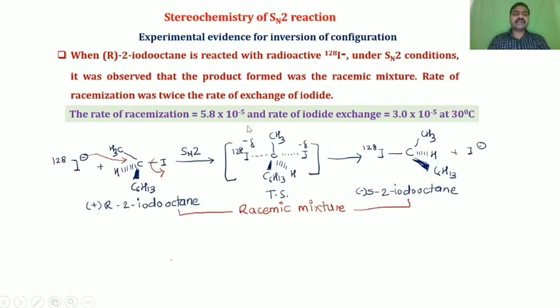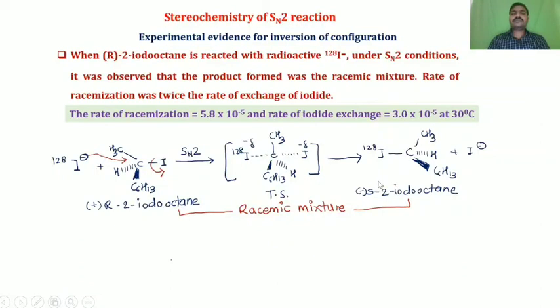So here is the reaction. This is 2-iodooctane. Then this radioactive iodine attacks from the backside of the C-I bond. This is the SN2 mechanism. So a transition state is formed, and then this transition state collapses into the product, where you can see the radioactive iodine is now attached to this carbon atom.